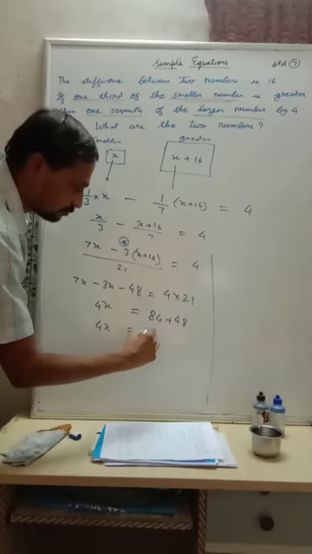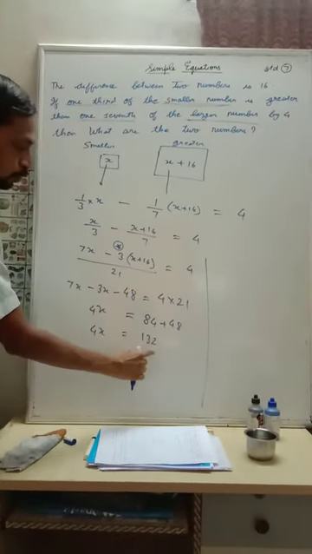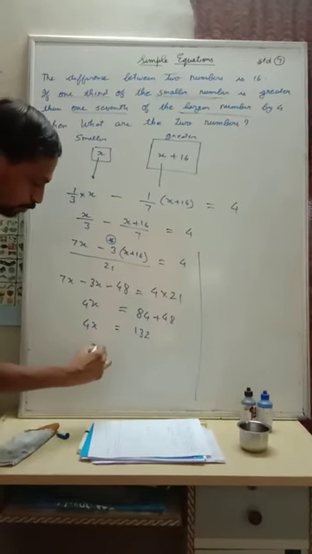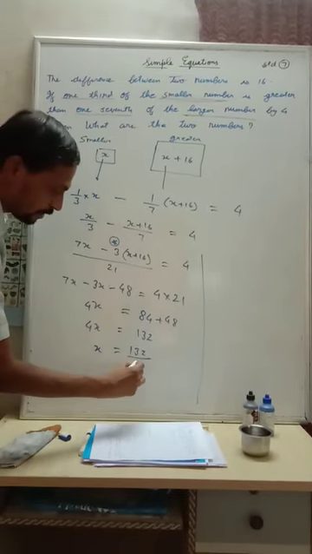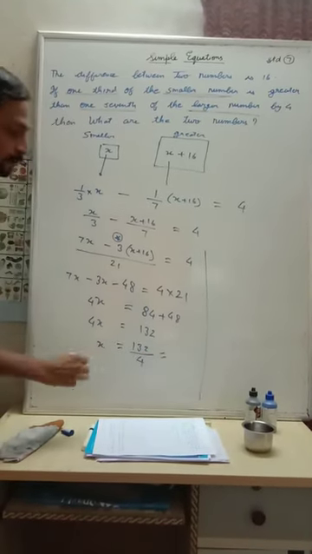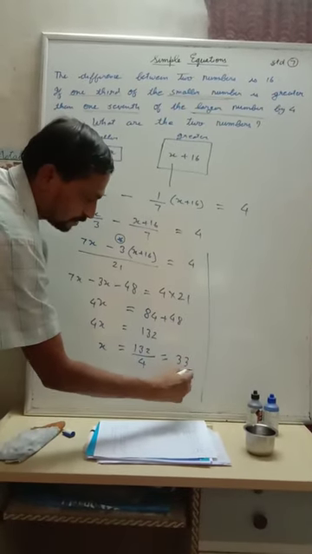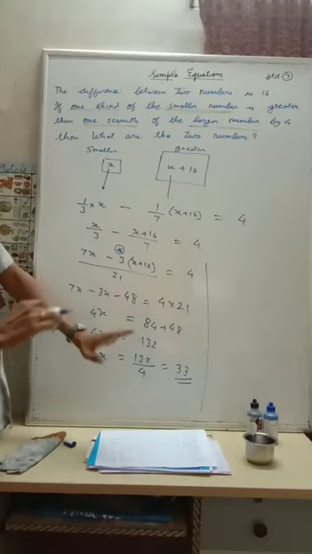So this comes out to 132. So finally x equals 132 divided by 4, and we get 132 by 4, 4 3s are 12 and 4 3s are 12. So the answer of x is 33, but it's not final.